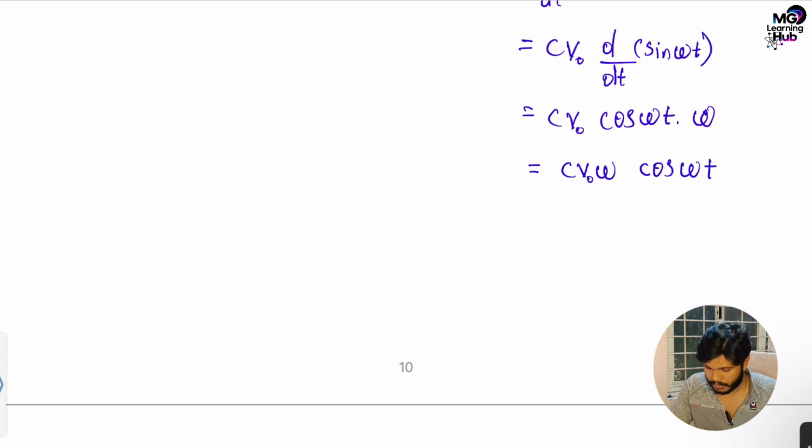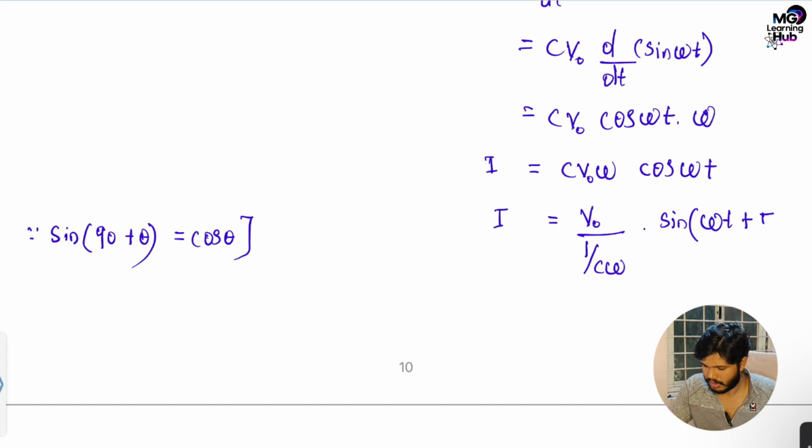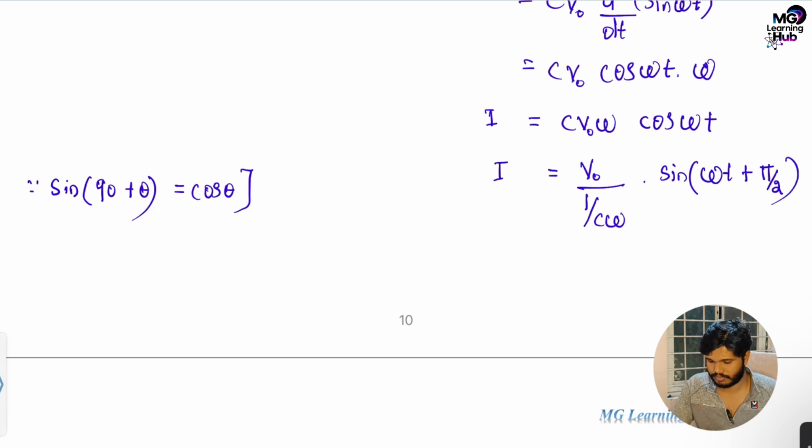So now can I write it as V naught by 1 by C omega into cos theta? We can write cos theta as sin of 90 plus theta. This is a basic trigonometric equation. So this can be written as sin omega t plus pi by 2.